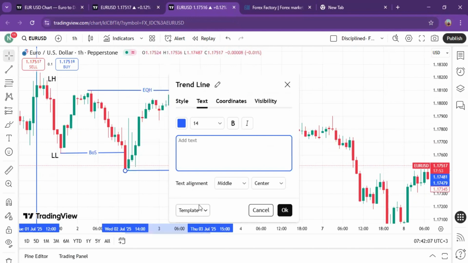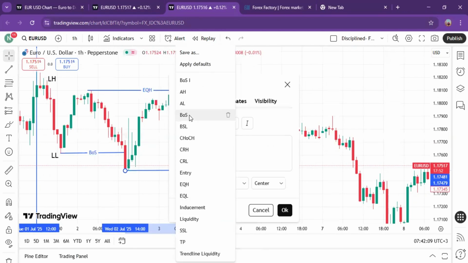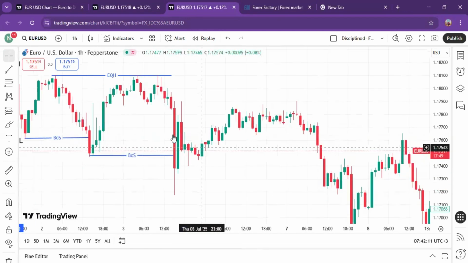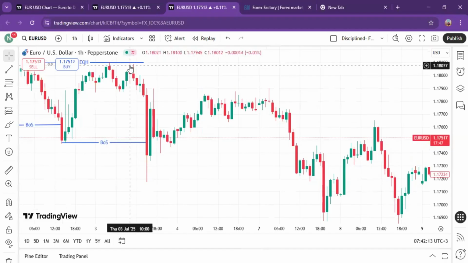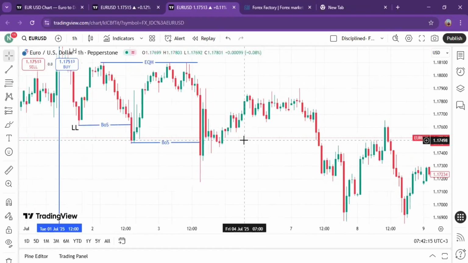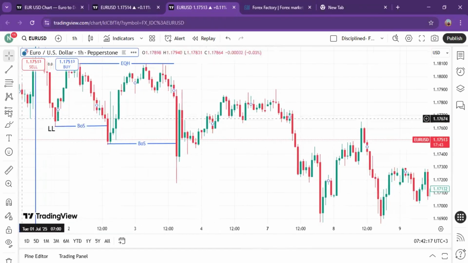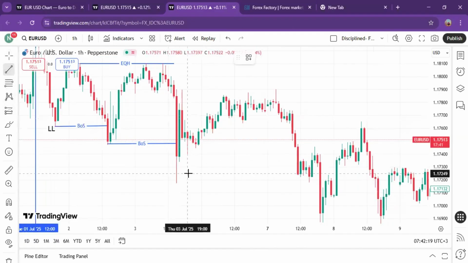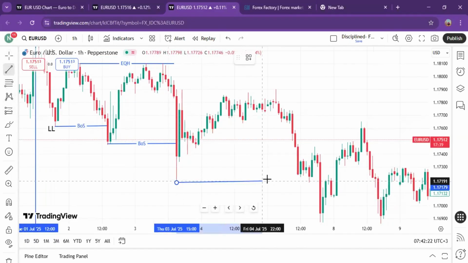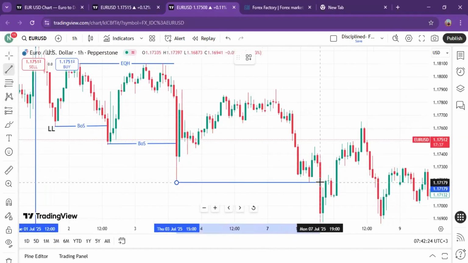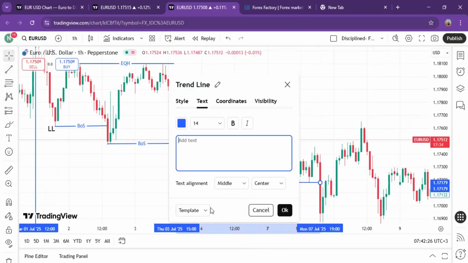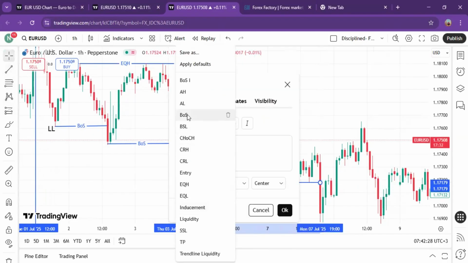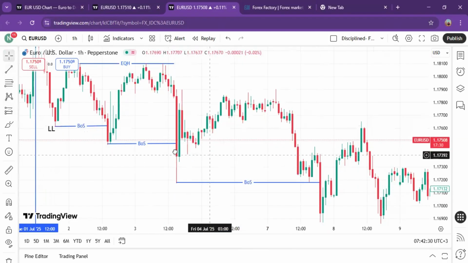Then the market continues, and we have that break of structure again to the downside. Now we have this as our highest point. Again, from there, we have another valid break of structure at that point.